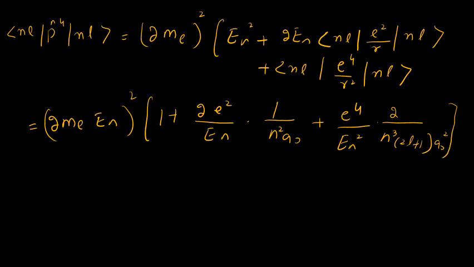Again I can simplify this equation by making some replacements. As we know, En is equal to minus e squared divided by 2 a naught n squared, and a naught is equal to h bar squared divided by me e squared.